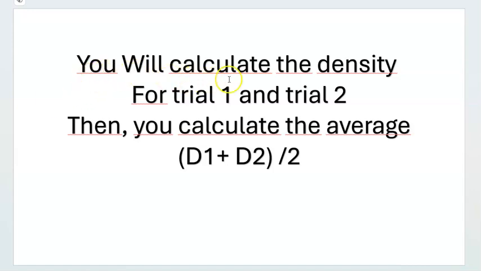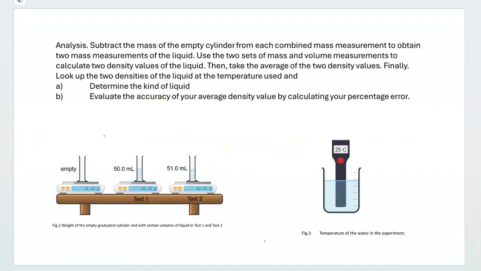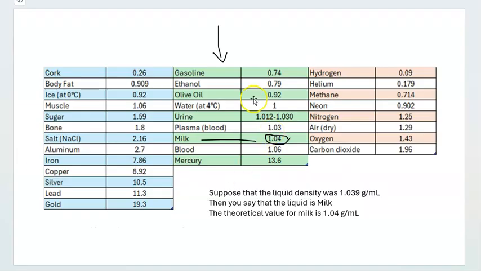Then you will calculate the density for trial 1 and trial 2, and then you will calculate the average. It is density 1 plus density 2 divided by 2. Remember, this is trial 1, this is trial 2. After that, you will go to this table and suppose that the density was 1.039 grams per milliliter.